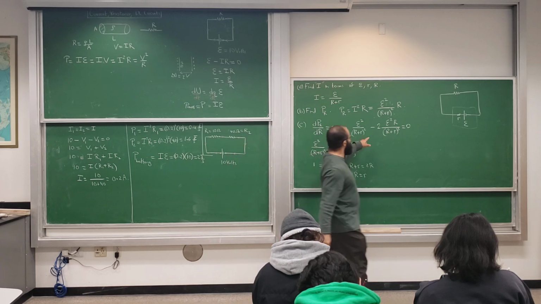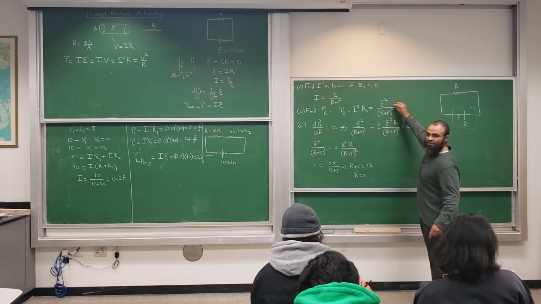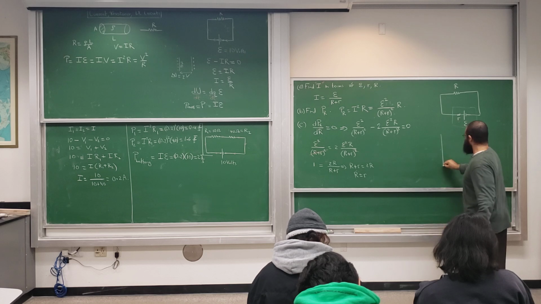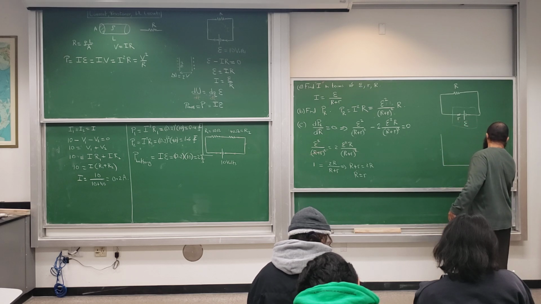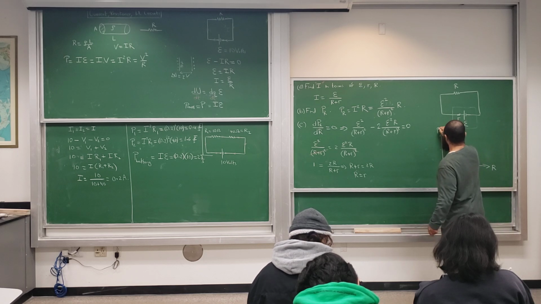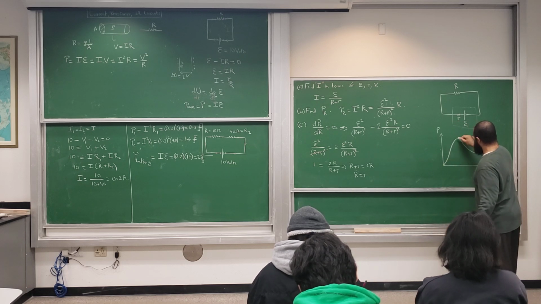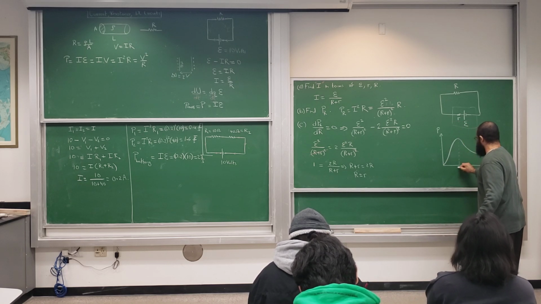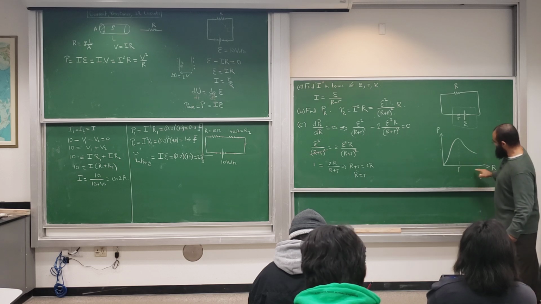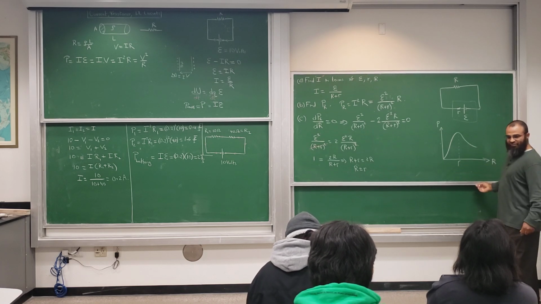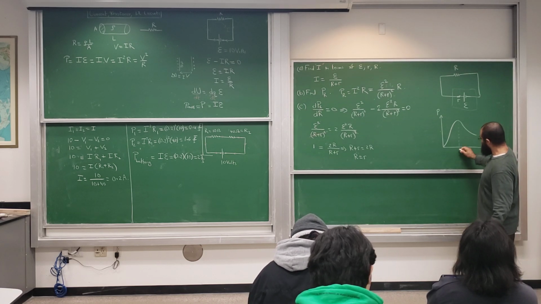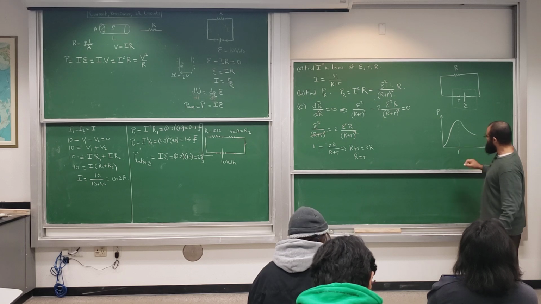And if you plot the power, this function, with respect to R, here's R, here's the power. I think it looks something like this. When capital R is equal to little r, the power consumed by capital R will be maximum.